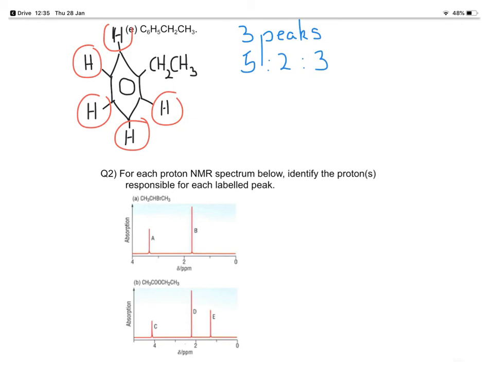Now I need to assign the chemical shift data for these 3 peaks. Now these 5 hydrogens here that we would find on an arene or a benzene ring, and it's listed on the back of your data sheet, their peak will have a chemical shift between 6 and 8 parts per million.